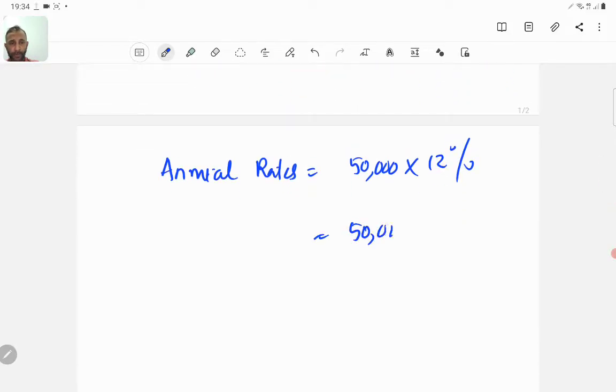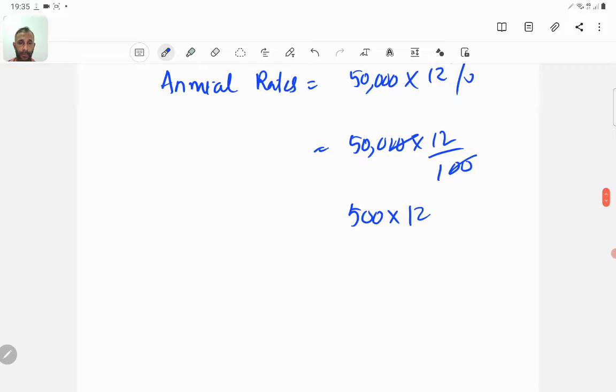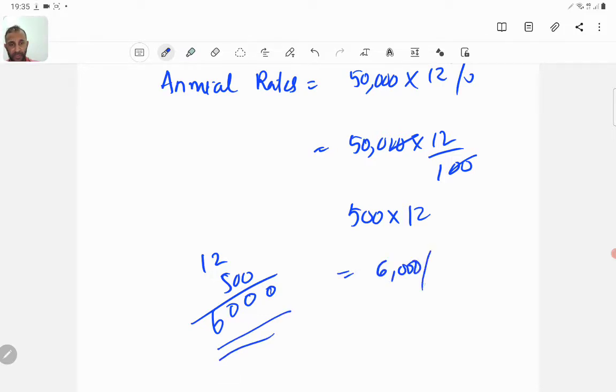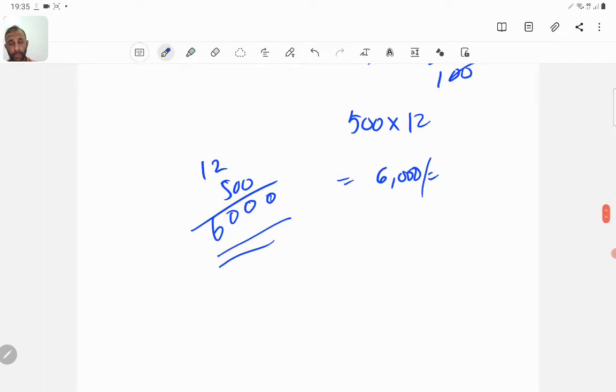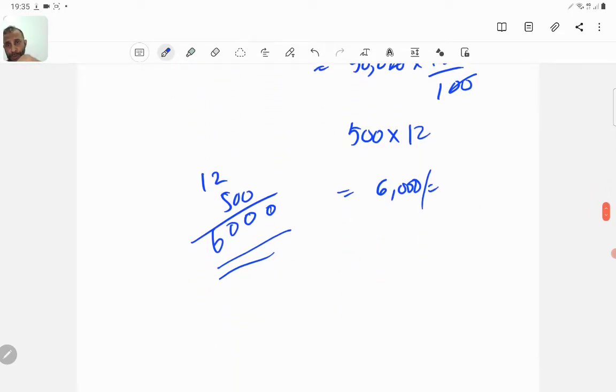So 50,000 into 12 over 100, that is 500 into 12, which comes to 6,000. So the annual rates are 6,000.